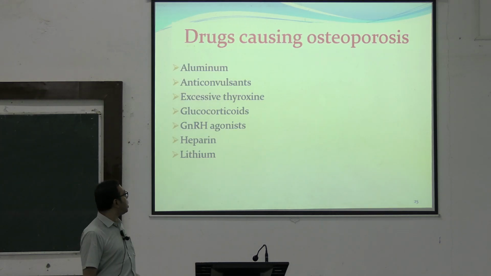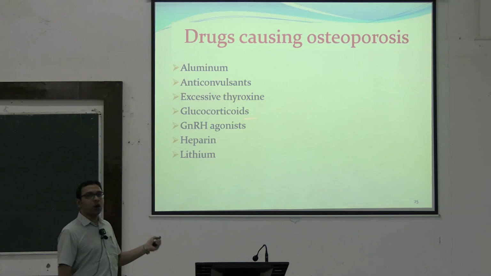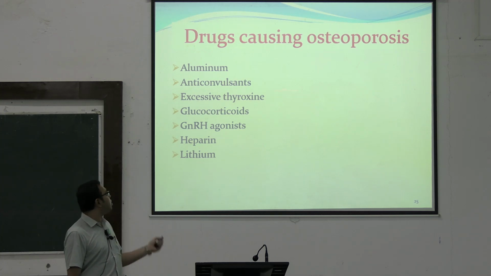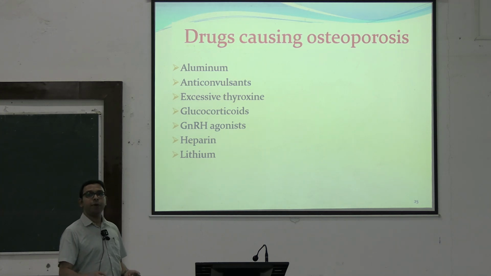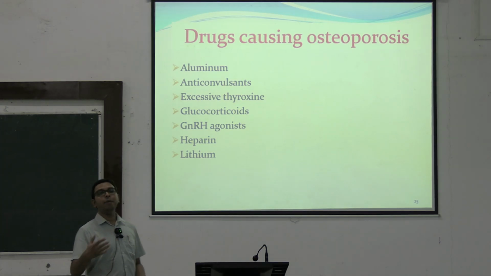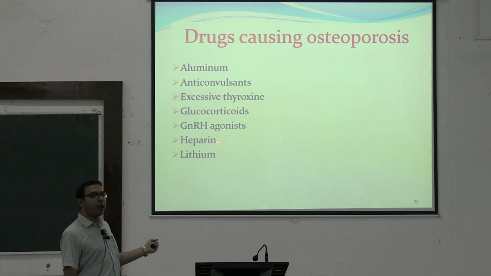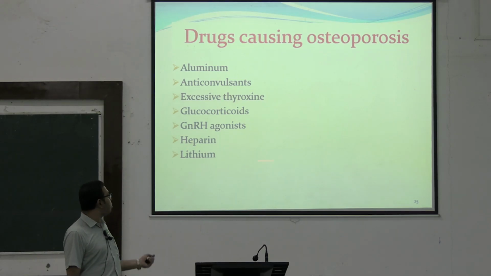There are also some drugs that cause osteoporosis. Already I have said that corticosteroids or glucocorticoids are the most common drugs you will encounter that can cause osteoporosis. Apart from this, aluminum, mainly present in antacids, anticonvulsant drugs, excessive thyroxine, that is over-replacement of thyroid hormones in hypothyroidism, GnRH agonists, already you have read about this.